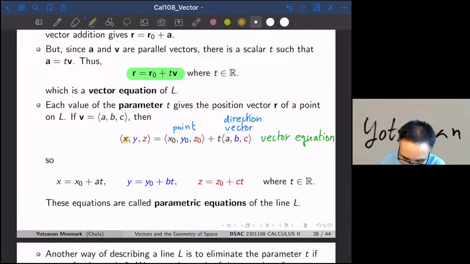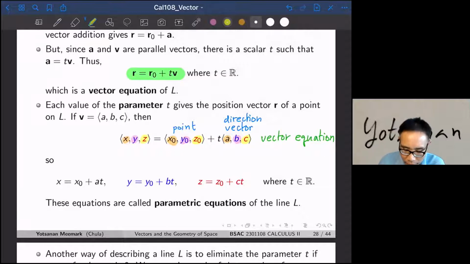So you have x, y, z, and you can compare each component.